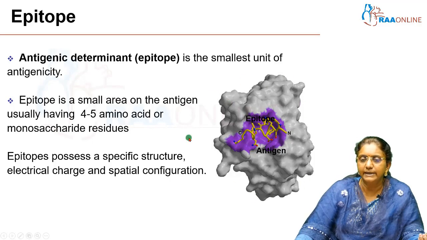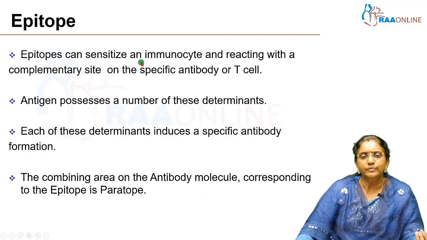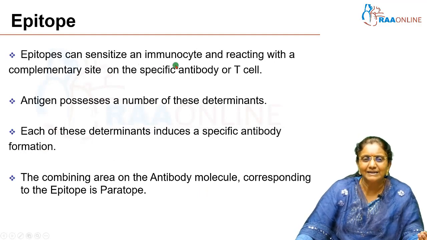On such a big antigen molecule, you will have many epitopes, each with its own structure, electrical charge and spatial configuration. So a molecule of an antigen is a mosaic of many of these kinds of epitopes. It is actually a small antigen on a big antigen, and it can sensitize an immunocyte, that means an immune cell.